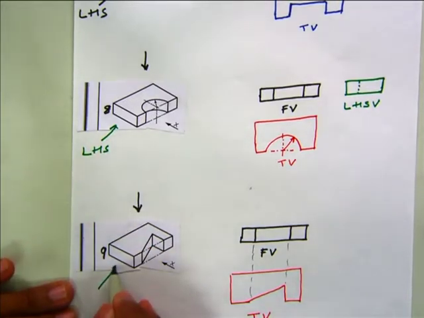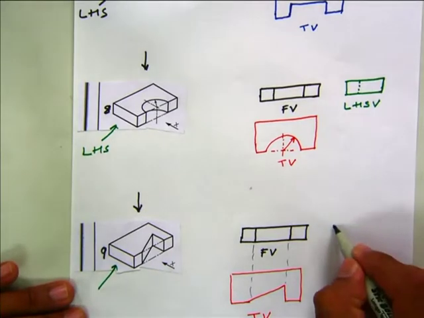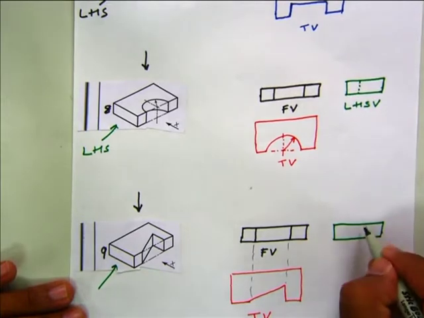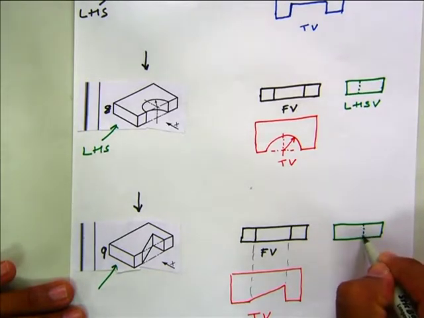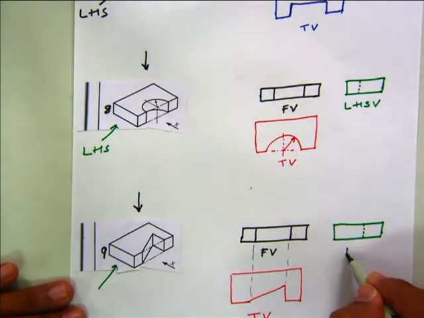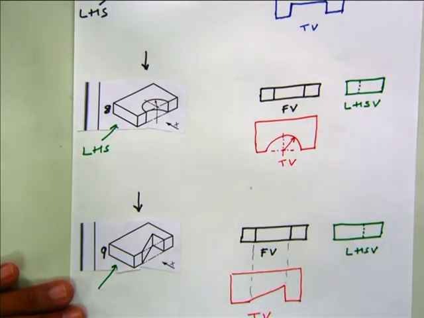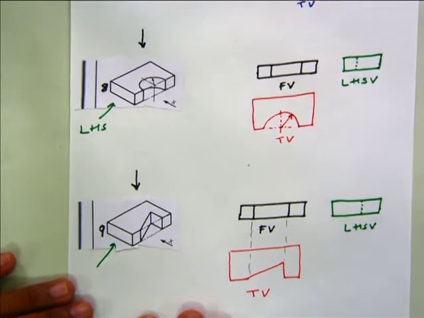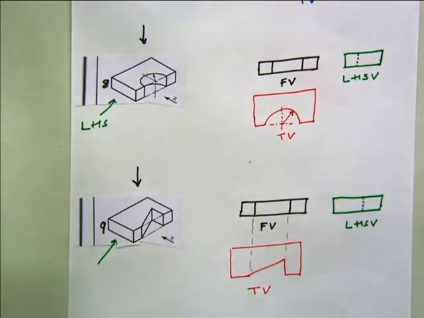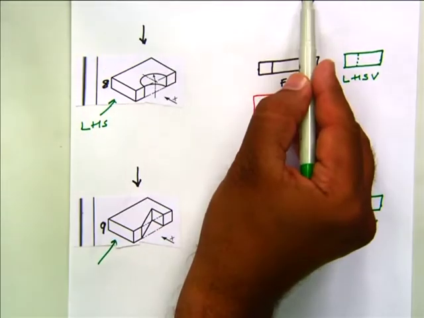And when you are viewing from this side, your side view comes like this. This is your left hand side view. We are following the first angle projection. So these are the different figures which we have seen, the same rectangular plate. If there is a recess like this, it looks like this in a top view.